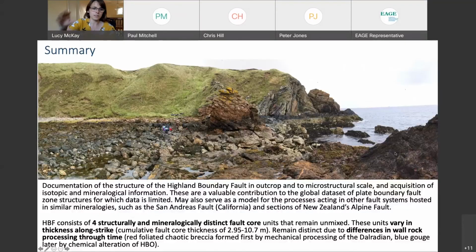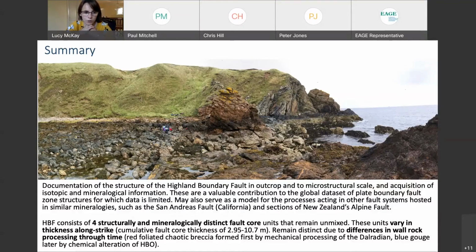So basically, just to summarise everything, I know it's quite a lot of information, I've just provided a documentation of the structure of the Highland Boundary Fault in its outcrop to microstructural scale, which is a valuable contribution to the global data set of plate boundary faults for which data is limited.